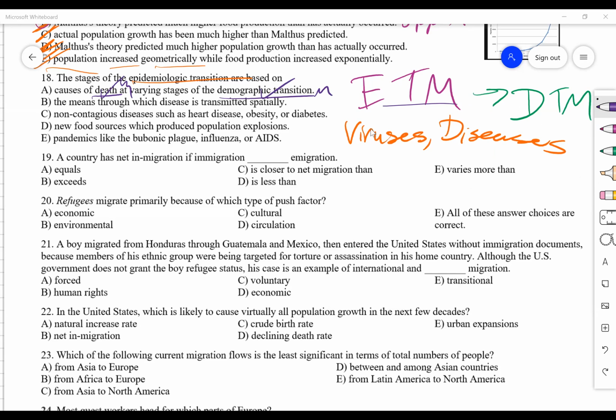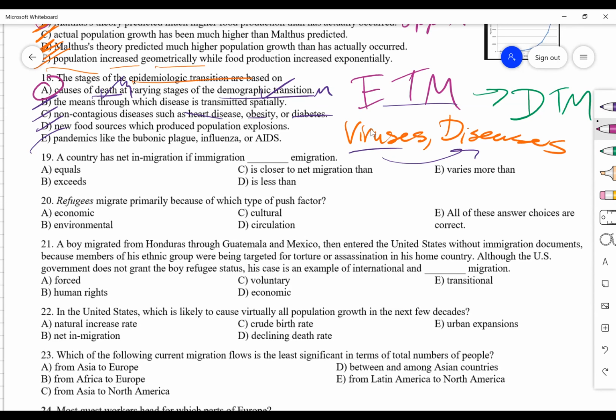Well, like I said, it pairs with the DTM, and even if you don't know what that is yet, I'm just going to tell you that this is not the correct answer because this is about stages that a country goes through. Non-contagious diseases such as heart disease, obesity, and diabetes. Well, I just said it was related to COVID-19, so new food sources. Nah. Pandemics. Maybe. But also, it's not just viruses. It's also diseases, which are going to be things like heart disease, obesity, and diabetes. So E, incorrect, and A is going to be our final answer here.